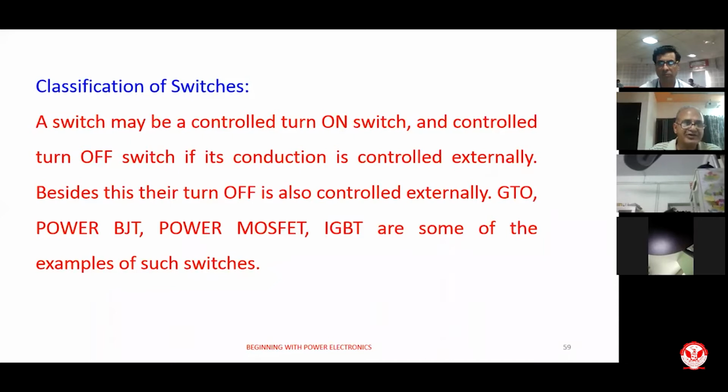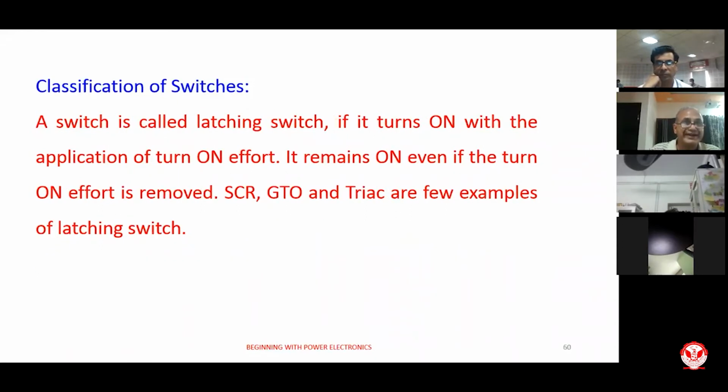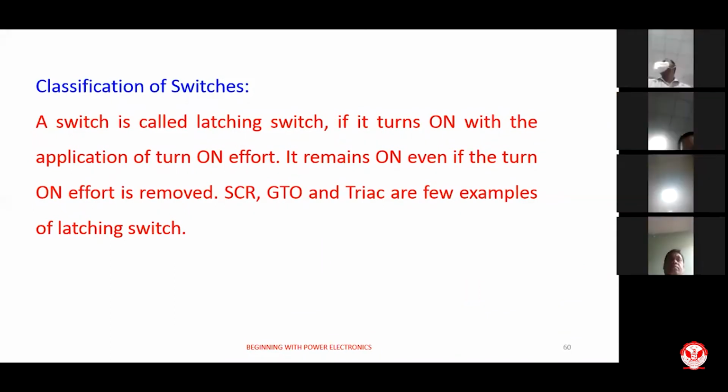Why are we trying to discuss this at length? Because the driver circuits must consider these particular aspects of a switch. A switch is called a latching switch if it turns on with the application of a turn-on effort and remains on even if the turn-on effort is removed. Something like our tube light switch: apply pressure and the switch is turned on, remove the pressure, and the switch remains in the on state.